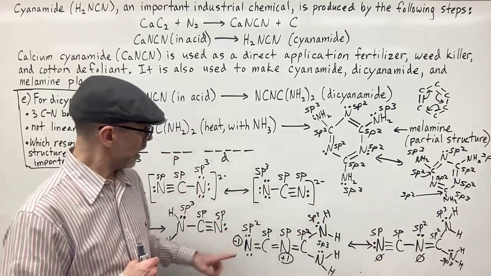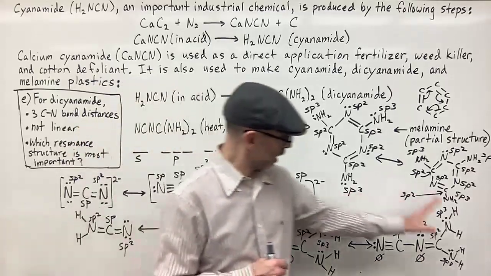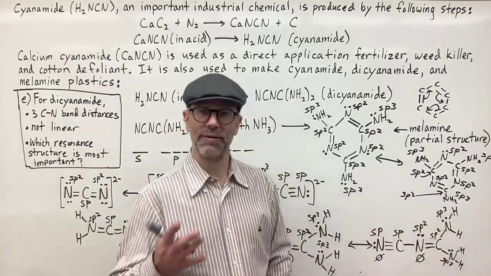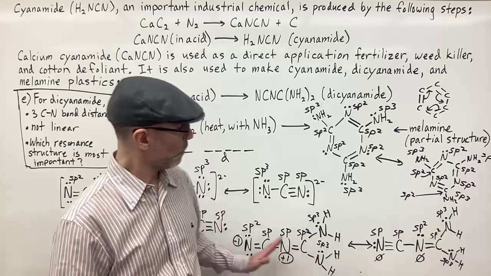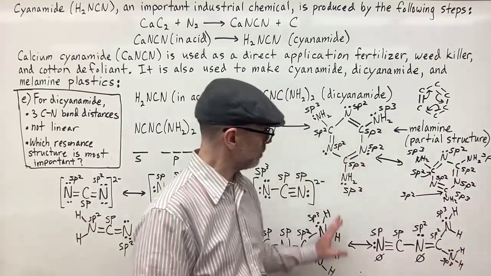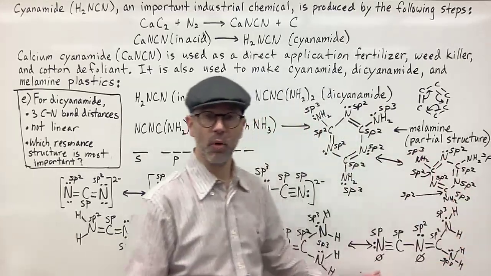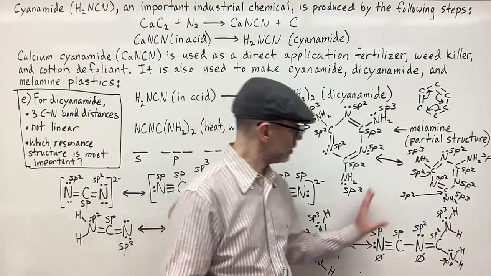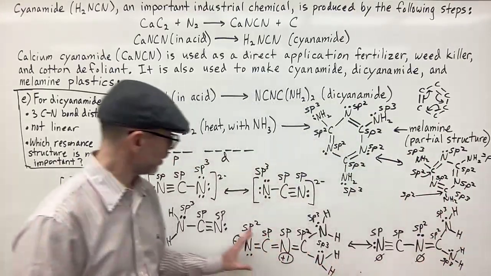And again, over here, we don't have to worry about that because we don't have any formal charges. So by all accounts, this is the most important or more important resonance structure compared to this one.